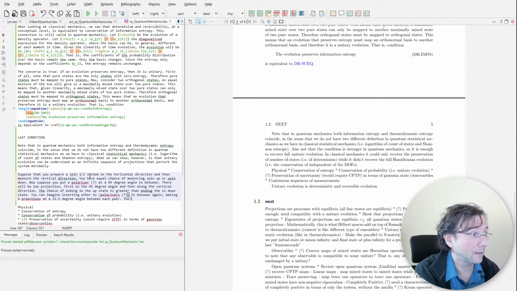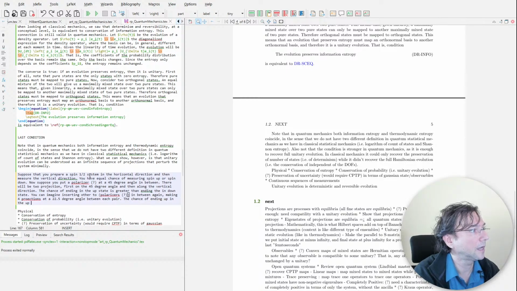The chance of ending up in the up state is even greater.